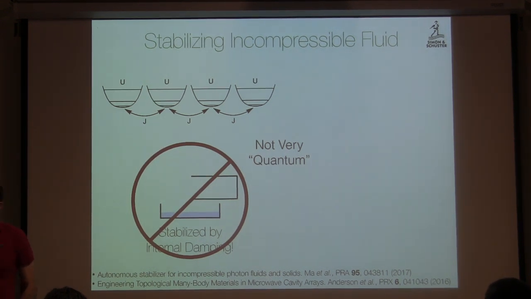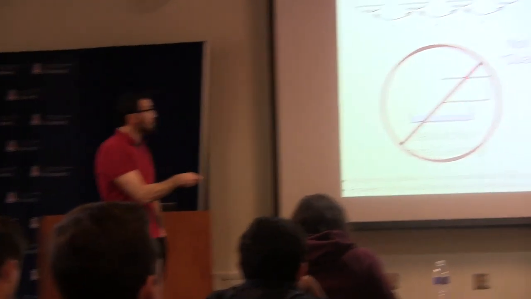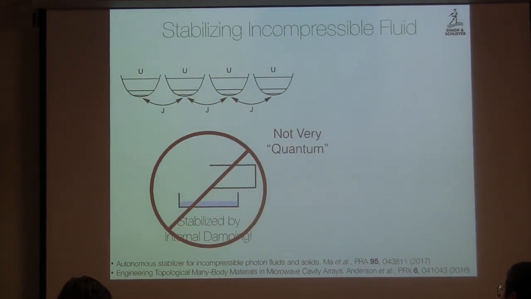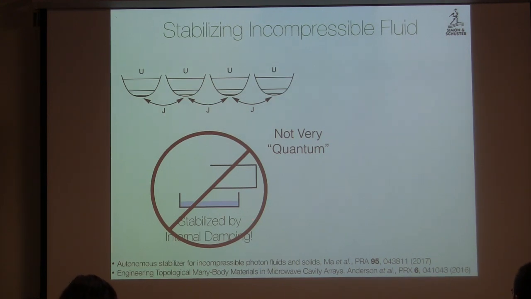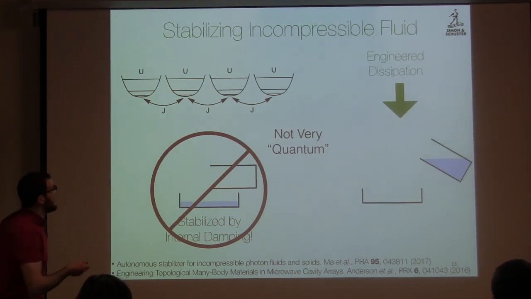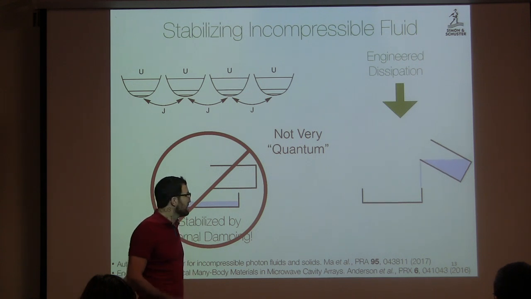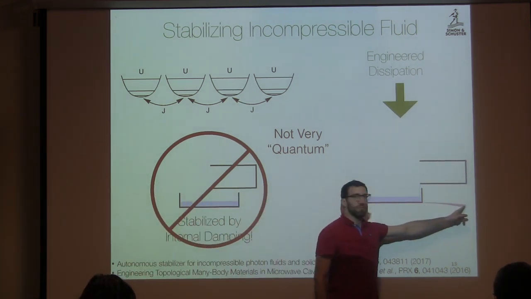So now we talk about, well, what do we really want? We want to study quantum many-body states. As soon as you have internal damping in your system, there's something that's continuously measuring the state, and this is not going to allow you to have much entanglement in the states that you make at the end of the day. So what we would like instead is some fantasy bowl here, where I pour water in, but that's the entropy leaving.